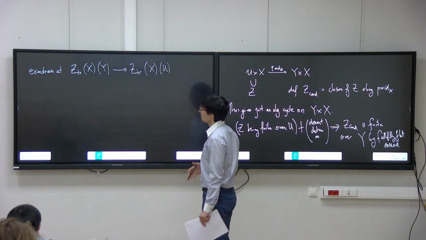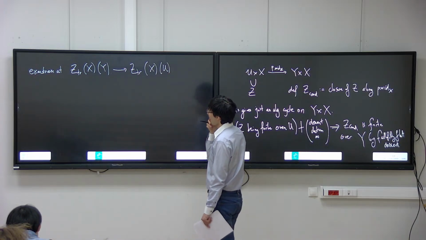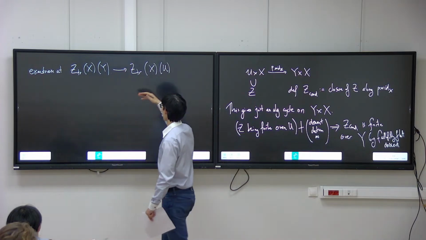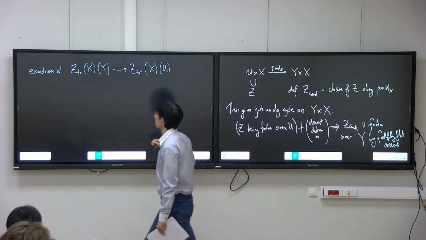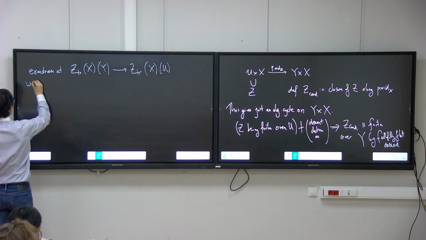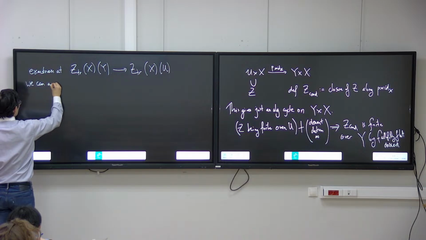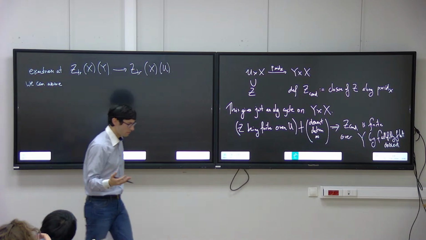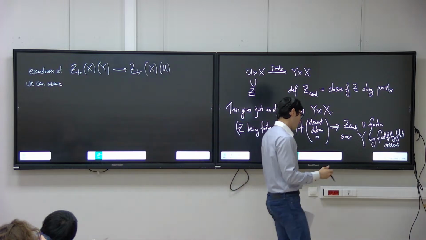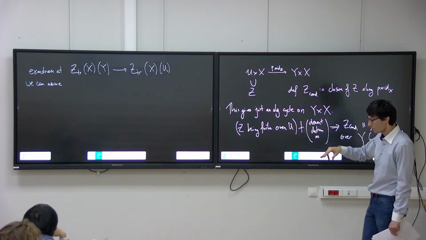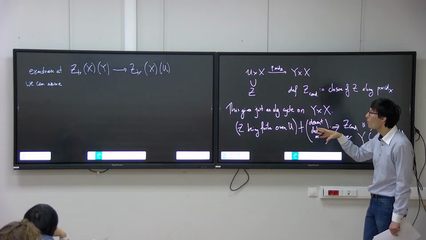Okay, so here you want to somehow show injectivity. We can assume, using the technical thing that I didn't write down last time, that our finite correspondences are surjective over some irreducible component.